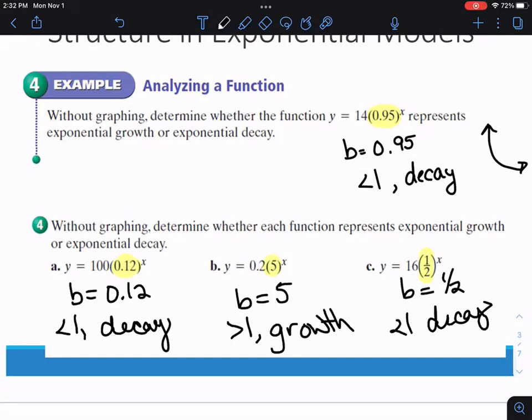If you have a decay problem, your graph is going to start off large and get smaller like this. Both of these graphs should have this general shape. A growth graph should look like this, starts off small and gets really big as it heads to the right. So automatically, if I have a problem that has a b value less than 1 and my graph is exponential growth, I know that that would be a correct answer.